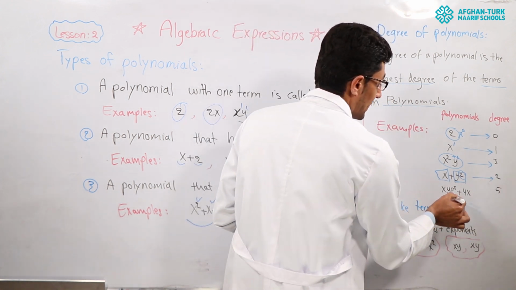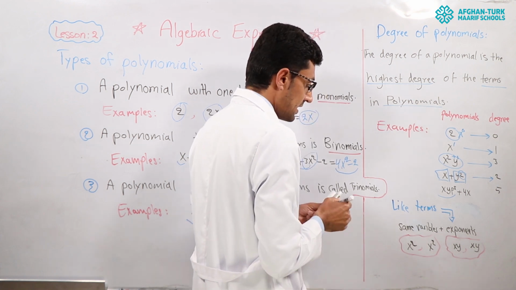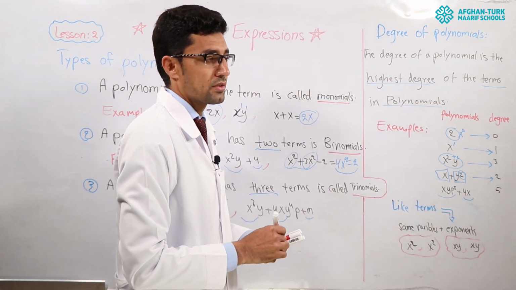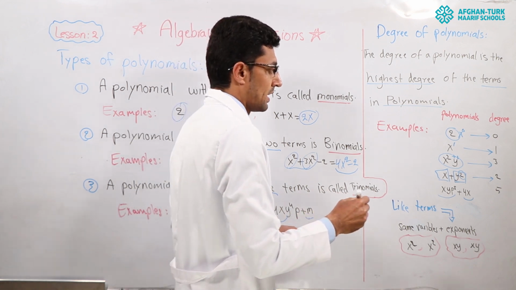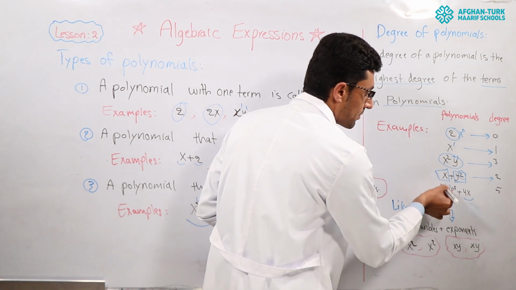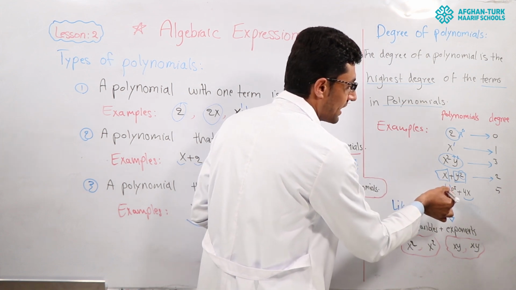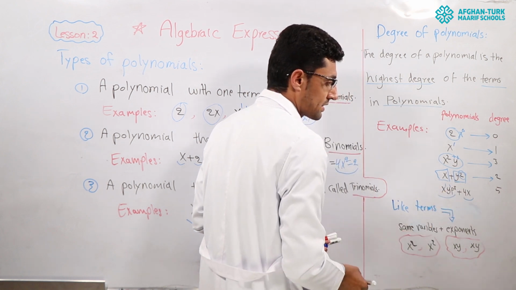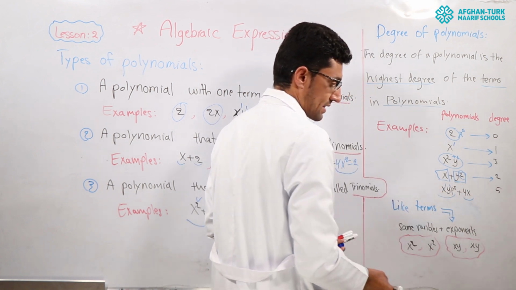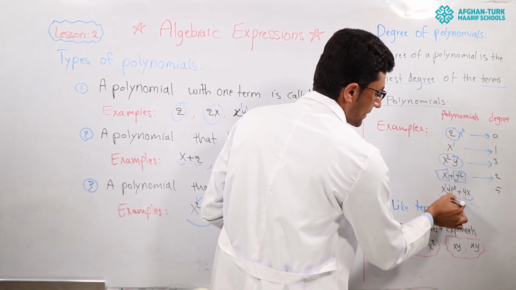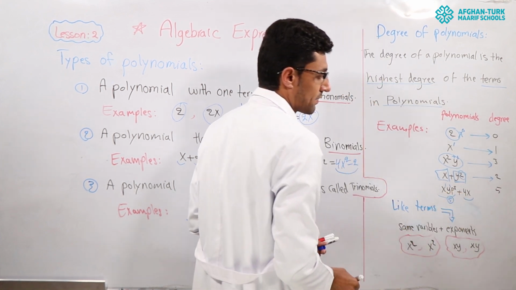And now look at this. Here we also have two terms. If I count the powers of these, x to the power of 1, y to the power of 1, and p to the power of 3, plus 4x. So 1 plus 1 plus 3 is how much? 5.